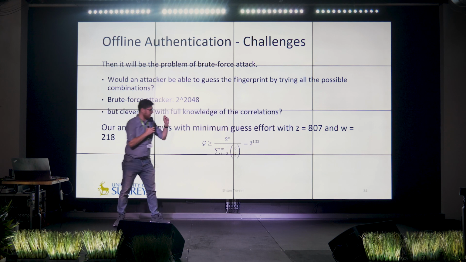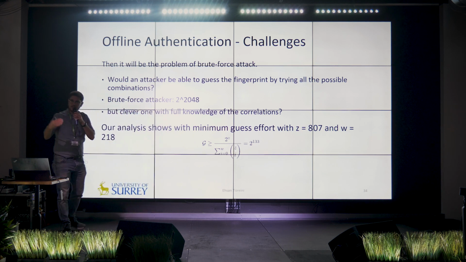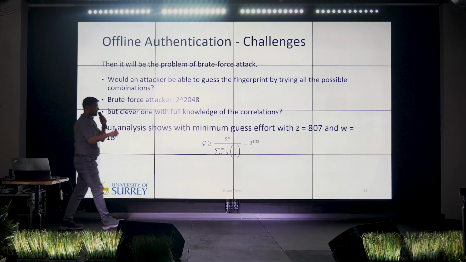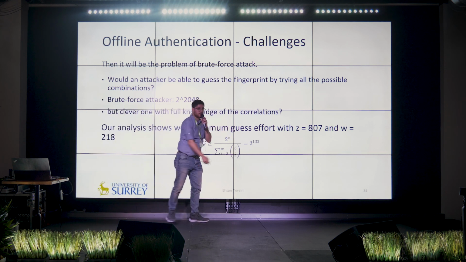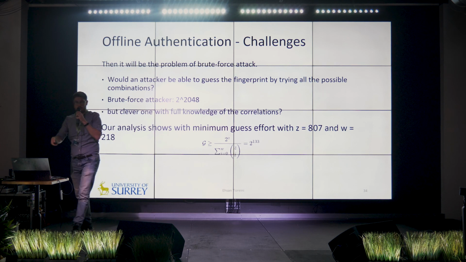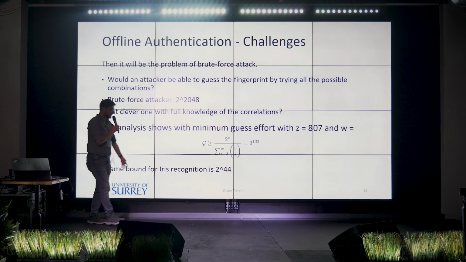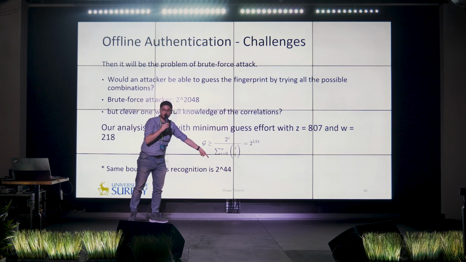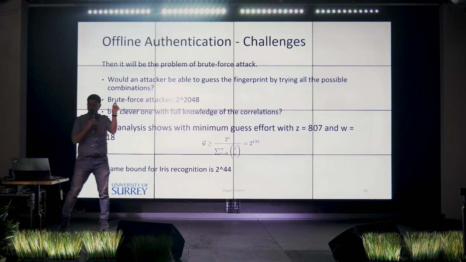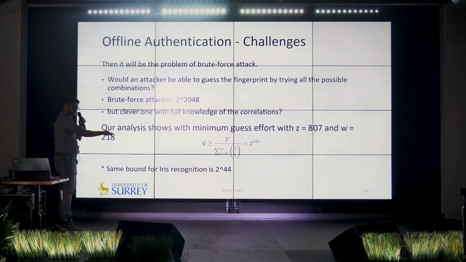What we get is, even with the best possible knowledge that you can get from the fingerprint, there are still 2 to the power of 133 attempts required to guess all the other bits, which gives us a lot of room to claim it's impossible at the moment, considering the computational power we have. To give you an indication, for iris recognition it is 2 to the power of 44. So if you know the correlation of iris recognition, you can get to the iris quite simply.